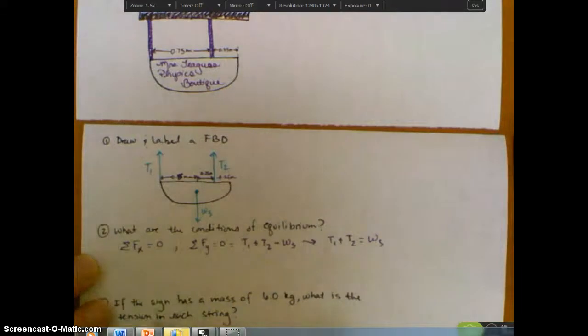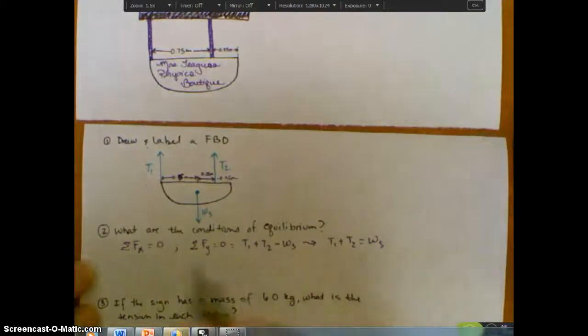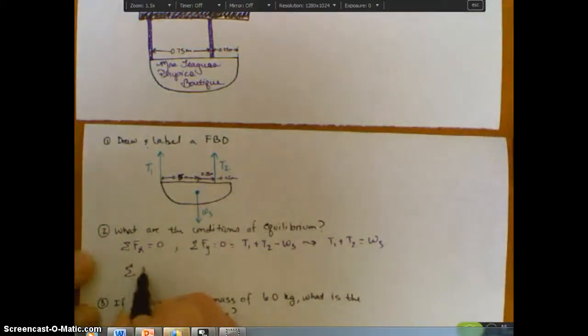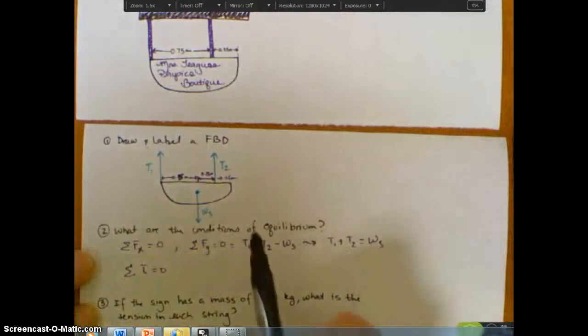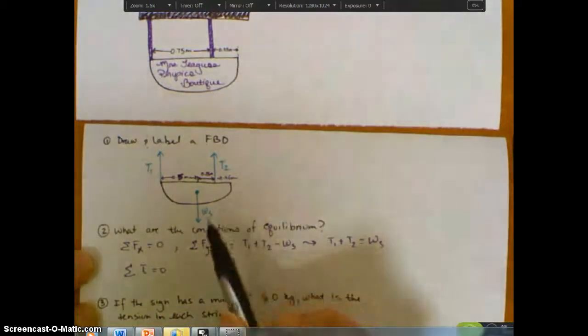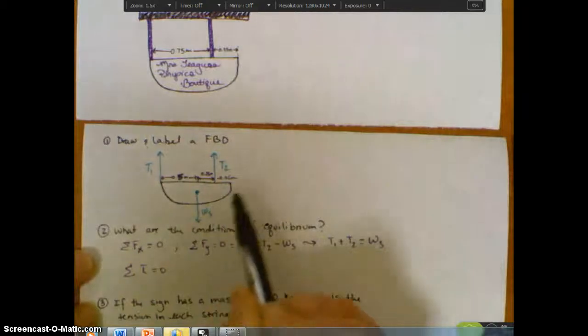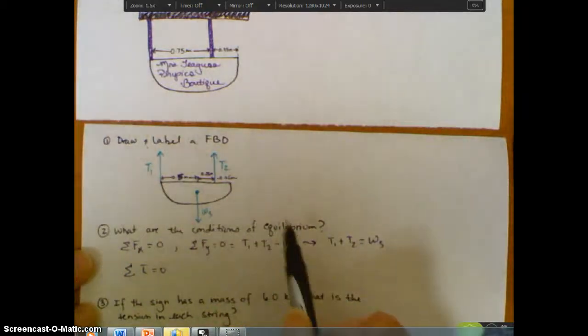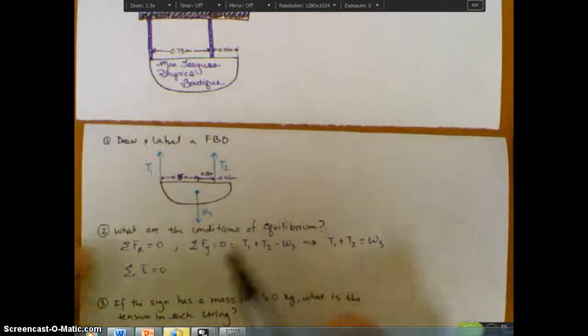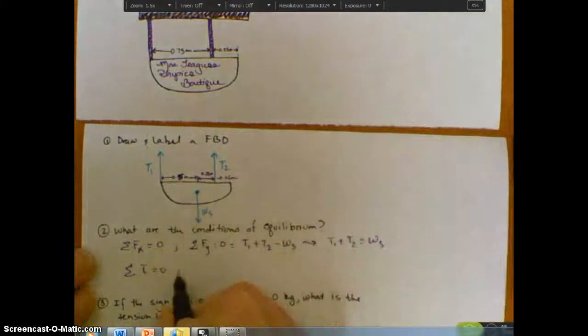Okay, there are our forces. Now let's think about the torque. Since it's not rotating, we know that the sum of all the torques is equal to 0. We can have torque in the counterclockwise direction, and we can have torque in the clockwise direction, and those two must cancel each other out.